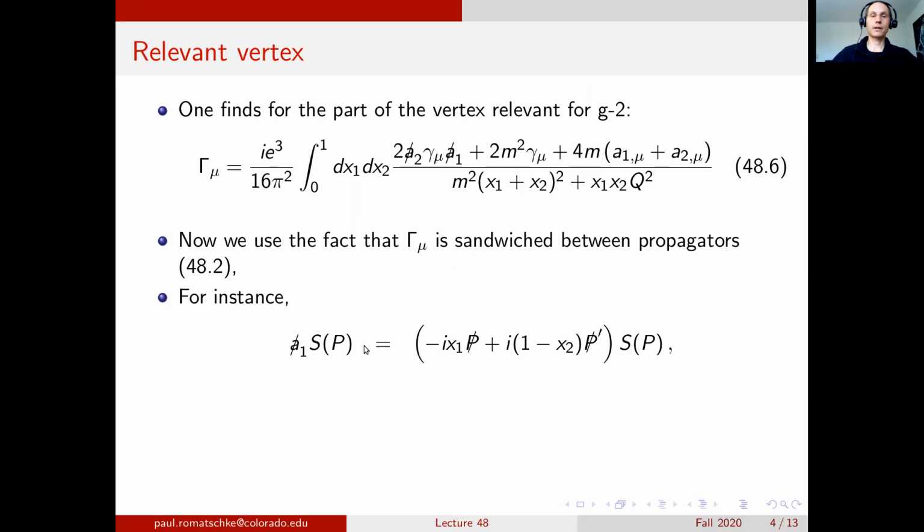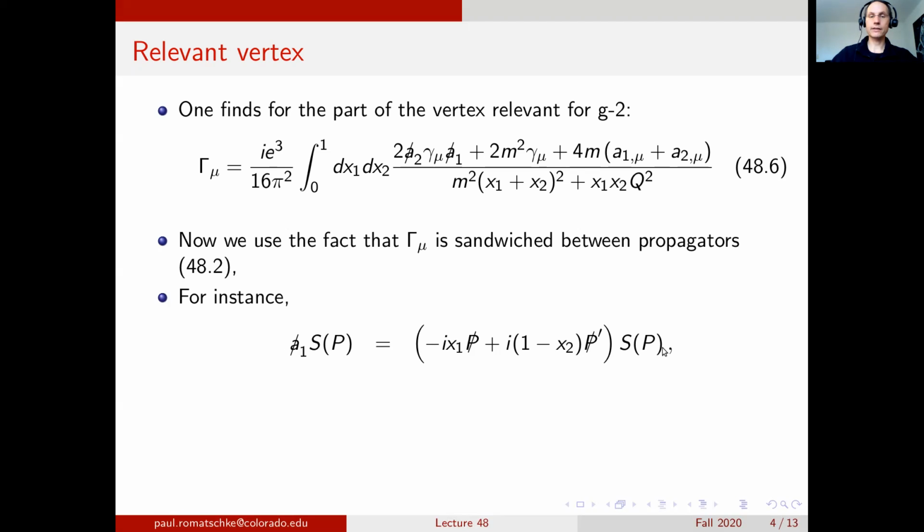In particular, if there is a fermionic propagator of momentum p to the right, and we have some contribution here that is a1 slash, it is acting on the S(p) to the right. If we put in the explicit form of a1, that is just minus i x1 p slash plus i (1 minus x2) p slash prime acting on the fermionic propagator S(p).